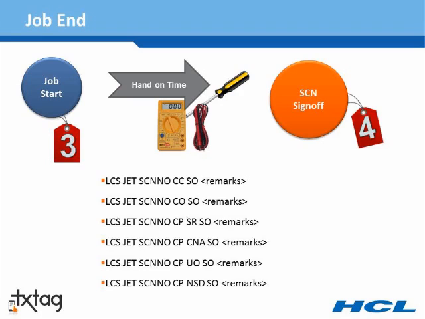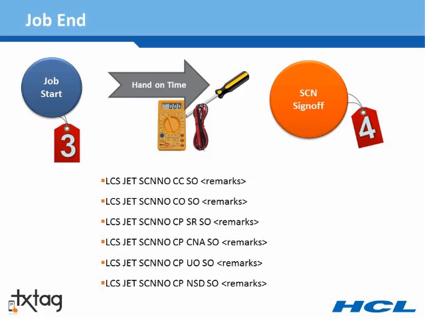Okay, there is one more small input I need to give here. For the JET series of SMSs, which means job end time, apart from the status, you can also type in a remark after the SCN. The remark can be SMPS changed and problem solved, or diagnosed that the motherboard of the computer is faulty, so and so particular motherboard is required.